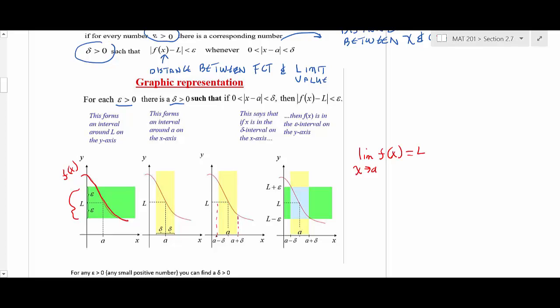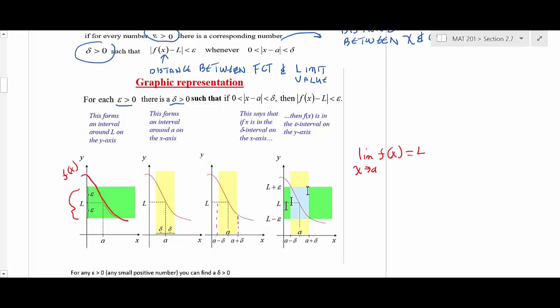And then epsilon would develop kind of the bandwidth of the region around L. So L plus epsilon would be here, L minus epsilon is there. So the idea would be that you can find a value of delta that falls within that band no matter what epsilon is. That's the idea.